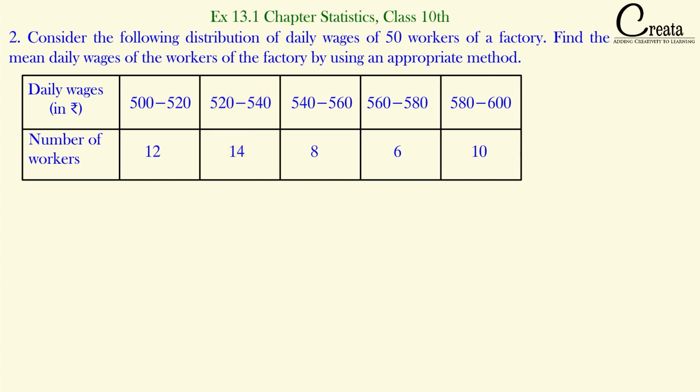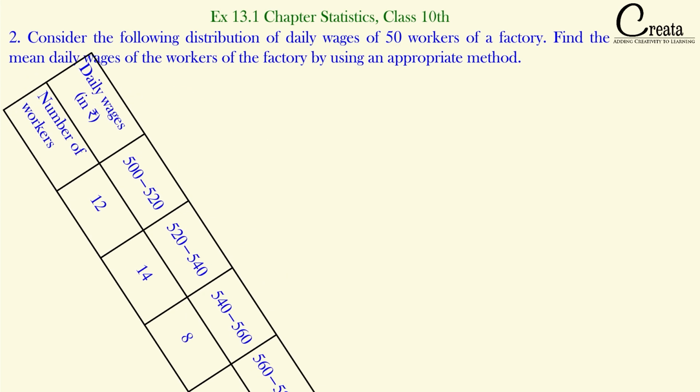Similarly, the rest of the table is given. 10 workers are getting the high salary of 580 to 600 rupees. Maybe they have a higher qualification or they are more experienced as compared to other workers. In this question, we have to find the mean daily wages of a worker of the factory by using an appropriate method. Let's see which method we have to apply and how to apply.